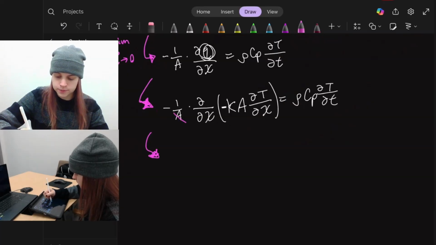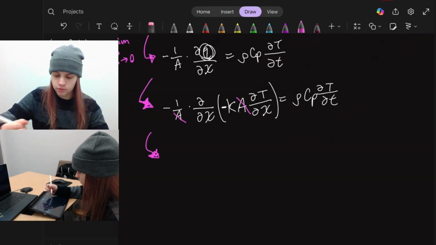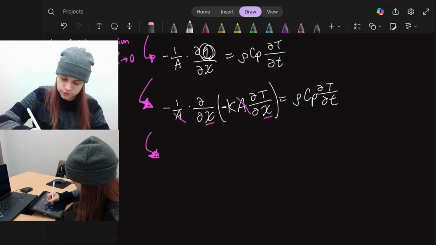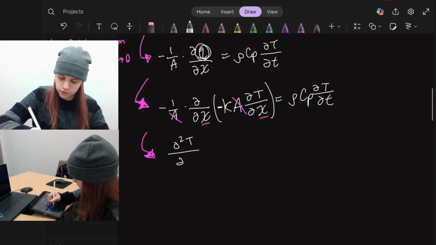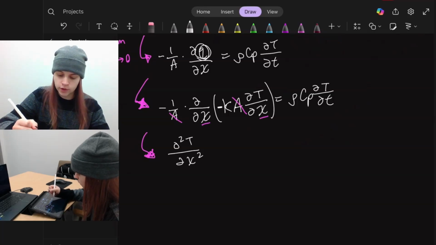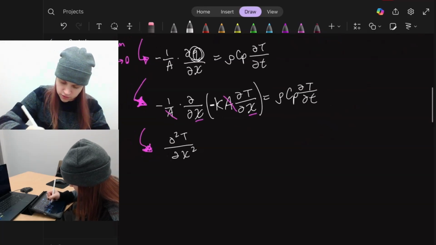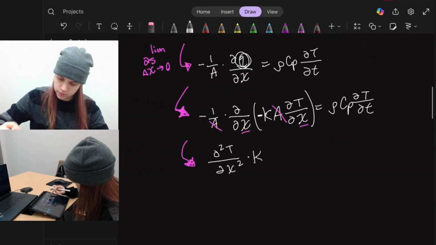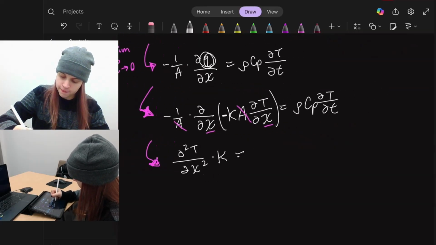We see we have x twice, and that would simplify to the second derivative down there. Don't forget that this is multiplied by k. And then we have the same right-hand side once again.